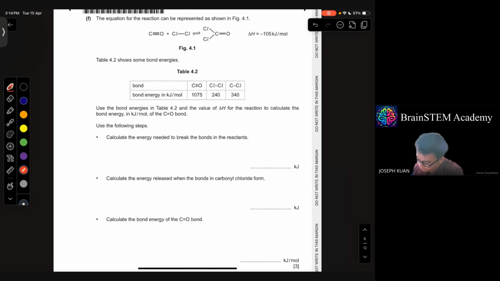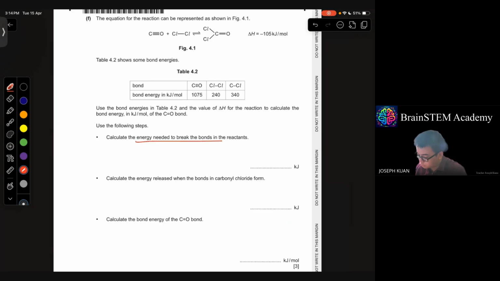Now, question F. The equation for the reaction can be represented as shown in the figure. Table 4.2 shows some bond energies. Use the bond energies in the table and the value of delta H for the reaction to calculate the bond energy in kilojoule per mole of the C double bond O bond. Use the following steps. Calculate the energy needed to break the bonds in the reactants.